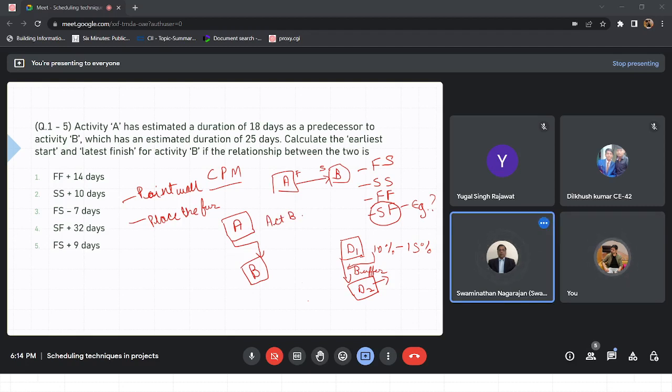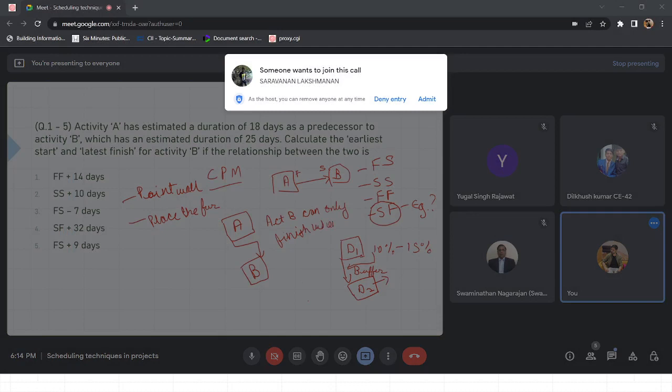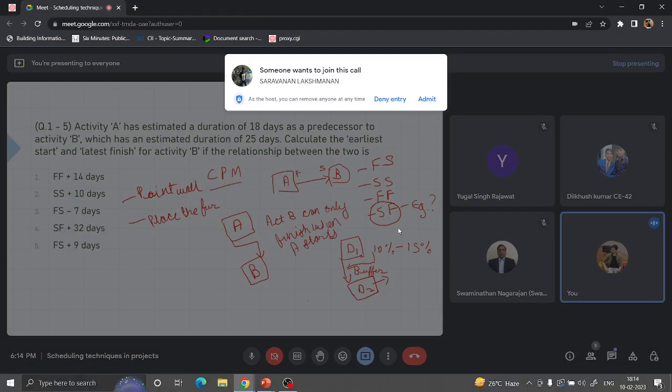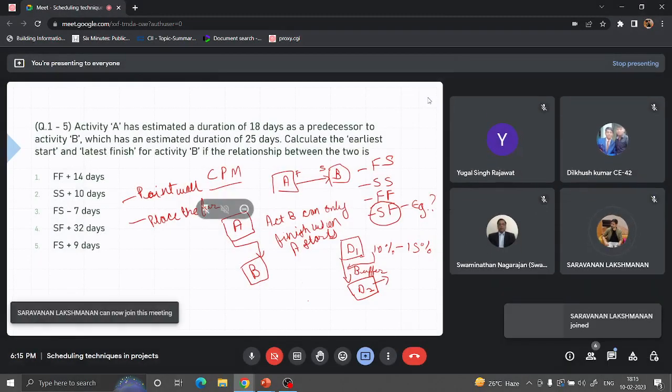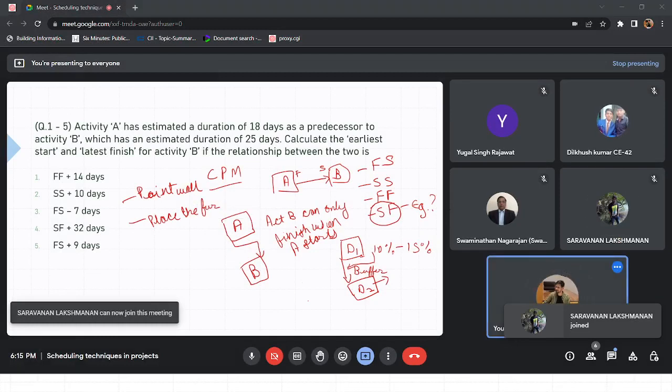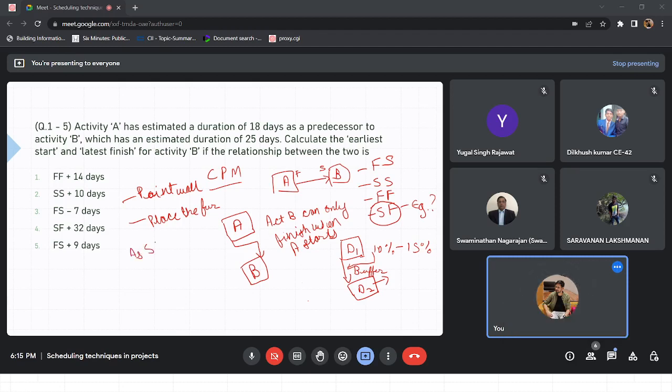Definitely, activity B can only finish when A starts, or as sir has said, as soon as A starts, B can finish.